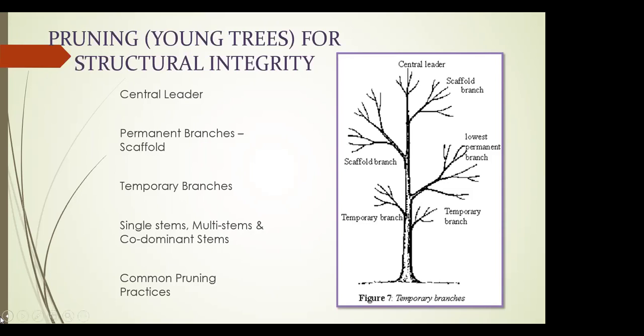We have difficulty because this is a single stem plant. A lot of our trees are multi-stemmed and codominant. A lot of our desert trees are codominant. They give us trouble pruning. So we try to incorporate these common pruning practices to do well with our desert type plants.